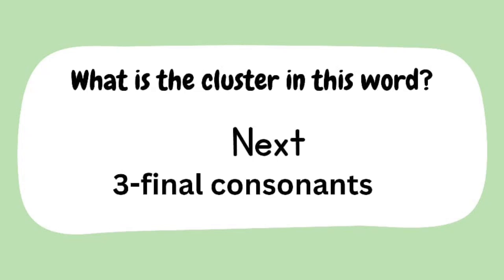There are 3 final consonants clustering at the end of the word next. Another example in this category is the word text. They both have 3 final consonant clusters at their end.